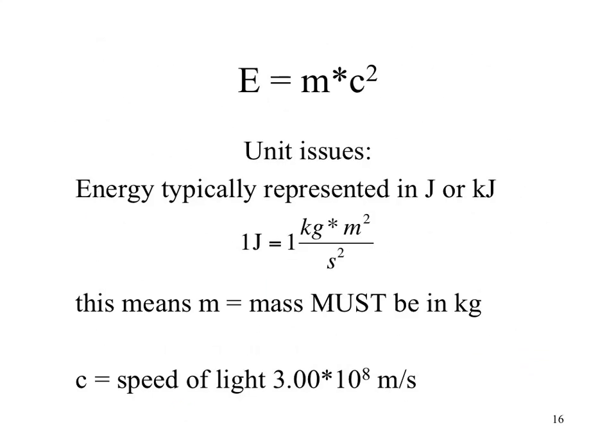When we go through to solve, the units on the mass must be in kilograms. Okay? Why does this get tricky? When we go back to our nuclear weights or our atomic particle weights, we said we didn't like our kilogram unit because it was such a small number, so we converted it to AMUs.